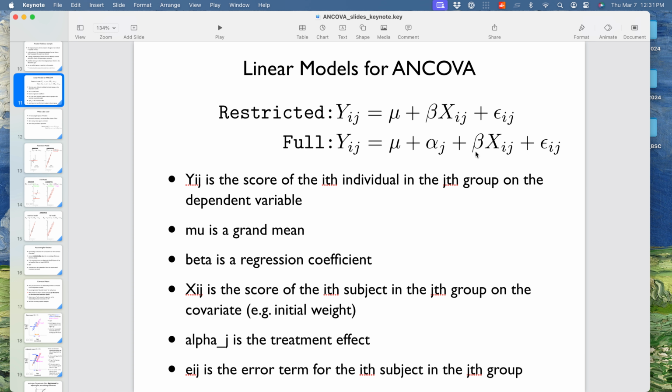So that's the reason why only a linearly related covariate is going to help you in an ANCOVA. Will it hurt you if you include variables that don't have a relationship? It will end up hurting you because, as I said, you're going to pay for a degree of freedom, but you're not going to get anything out of that.